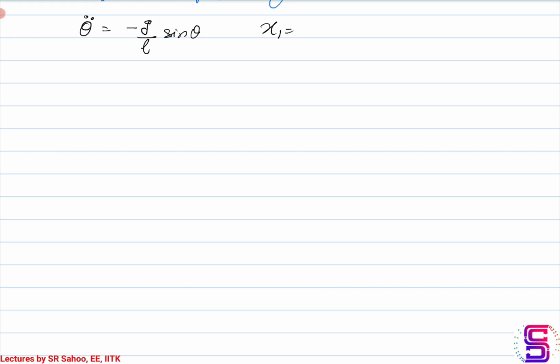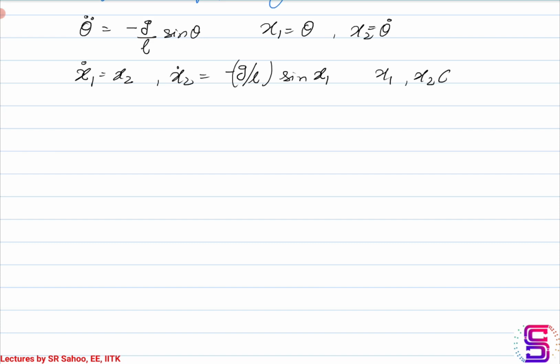If we set x1 equal to theta and x2 equal to theta dot, then x1 dot is x2 and x2 dot is minus g by L sine of x1, where x1 belongs to the set minus pi to pi, both extreme points excluded, and x2 belongs to the reals.